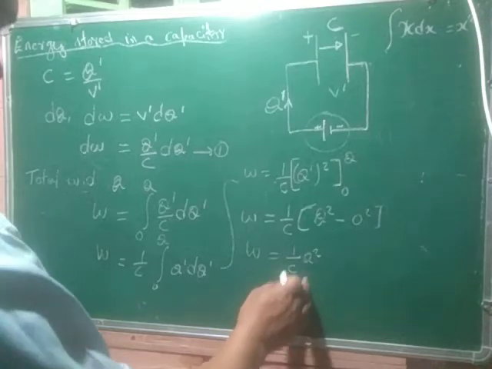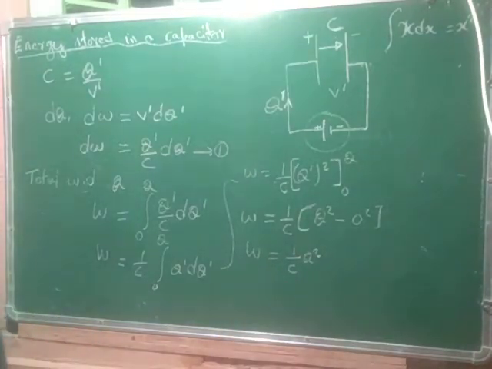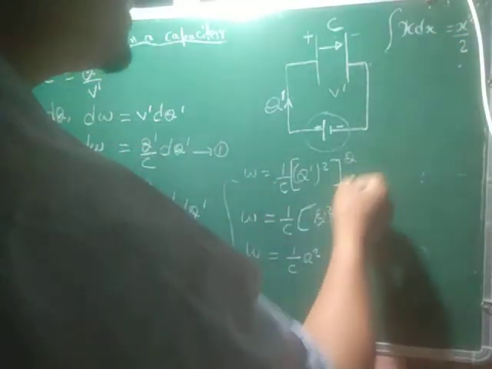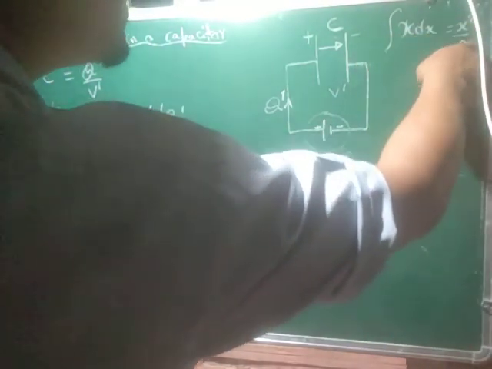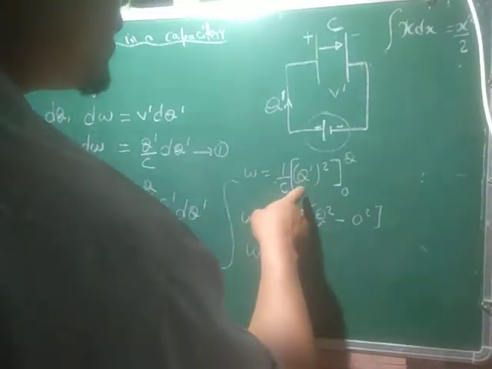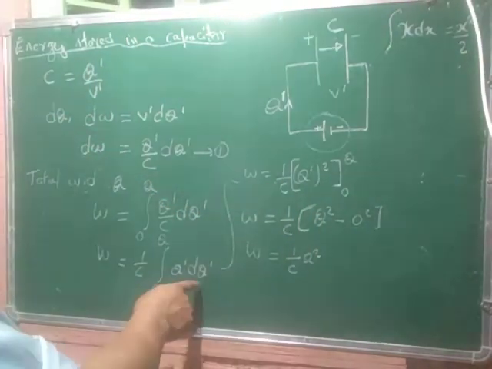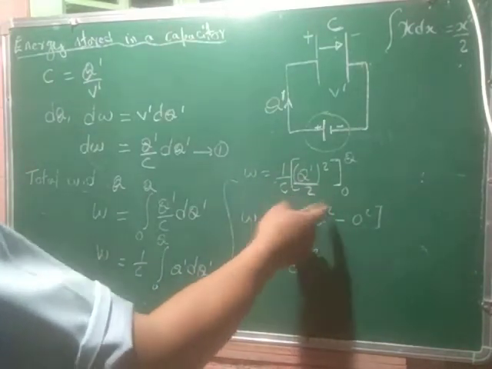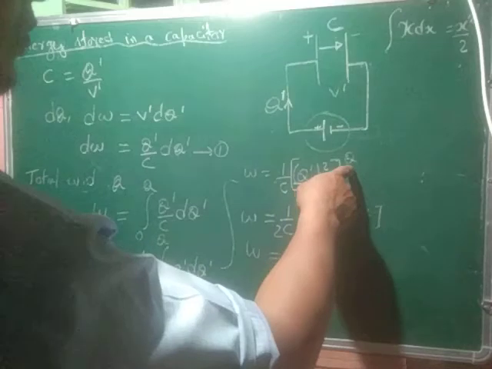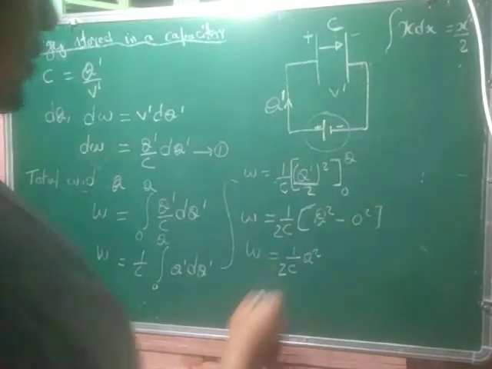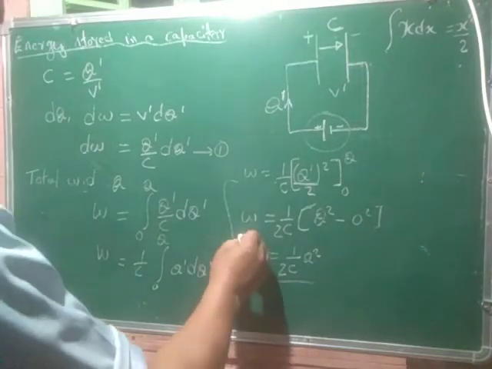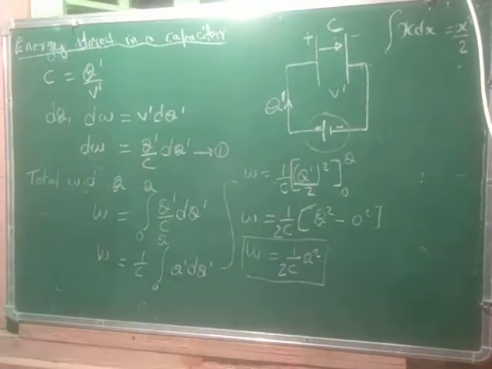Okay, I think I missed a factor of 2 here, because the integration of x dx is x square upon 2, so when you integrate Q dash dq dash, it will be Q dash square upon 2. So I'll take this 2 out, and everything else will be the same. Substituting the upper limit and lower limit, you'll get this. This work done is nothing but the energy which is stored in the capacitor.